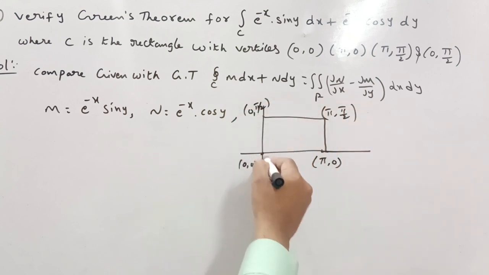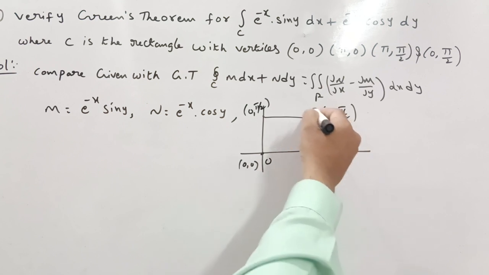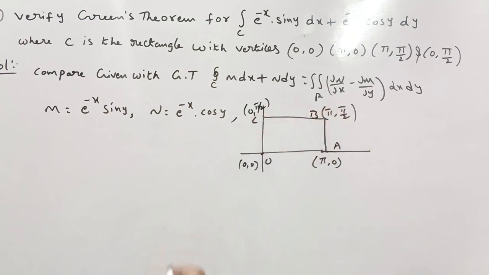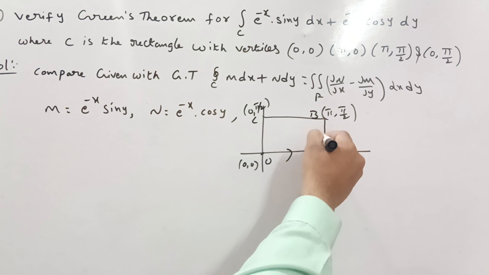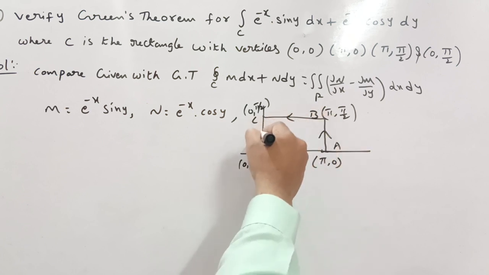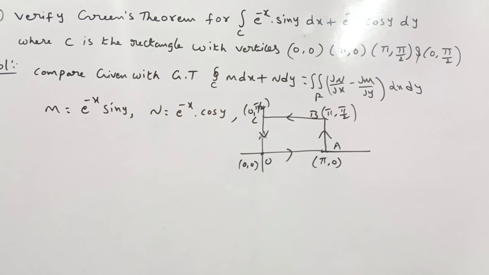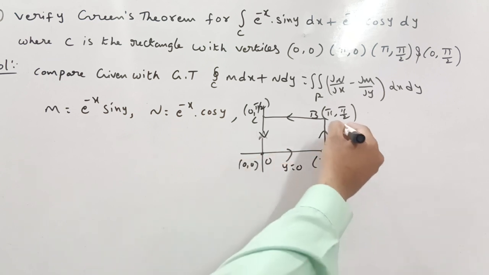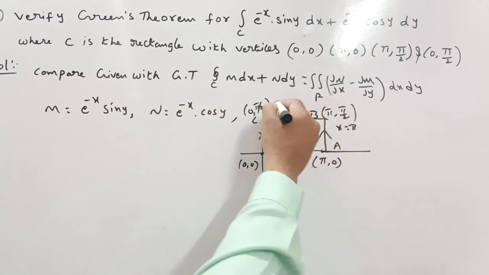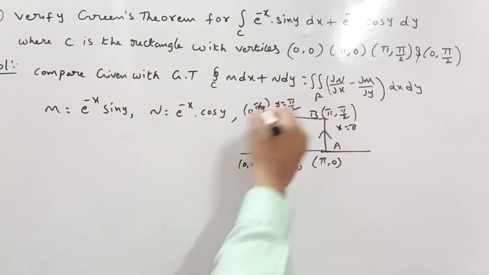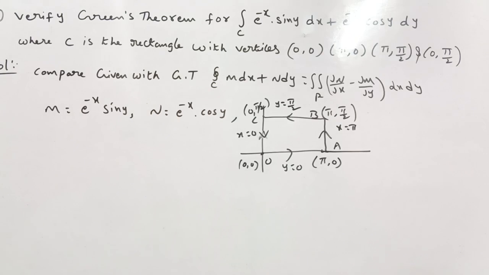So this is O, this is A, this is B, and this is C. Along OA, AB, BC, CO we have to find. Here y is equal to 0, here x is equal to pi, here y is equal to pi by 2, and here x is equal to 0. This is our rectangle diagram, correct?